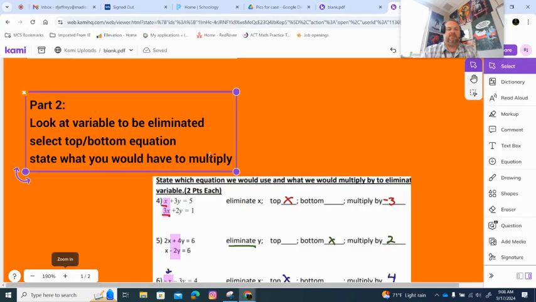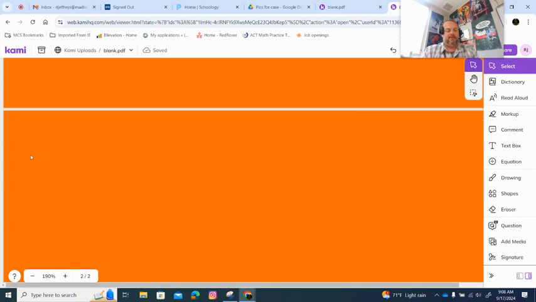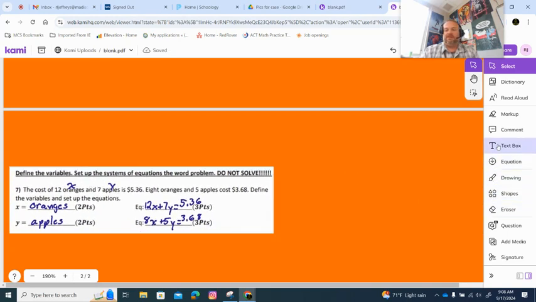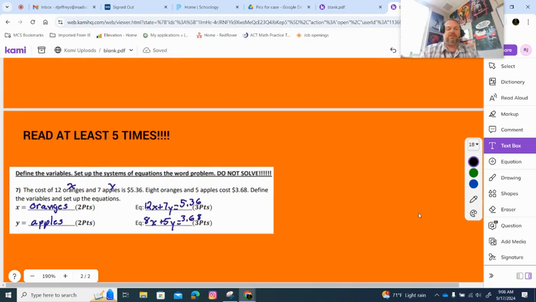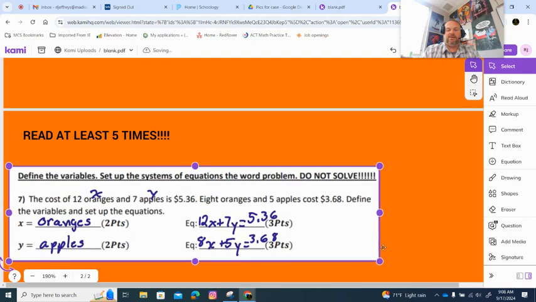So for number 7, probably put down this, maybe put a little thing. Read at least 5 times, just to see if you can pick out what is happening there.